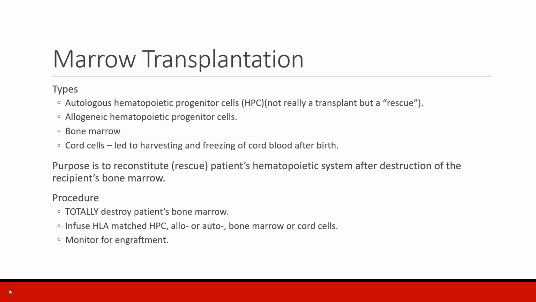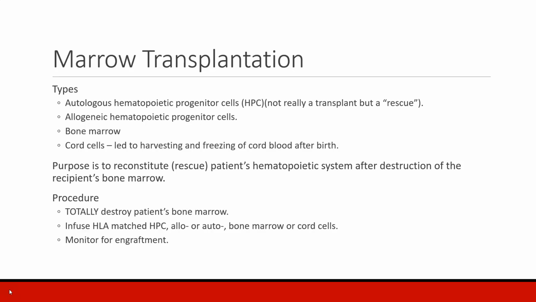Allogeneic hematopoietic progenitor cells, so we'll find somebody who is HLA compatible and harvest their progenitor cells. And this is done by giving them medications that cause increased release of these progenitor cells from the bone marrow, and they take the blood out just like a regular donor, and it has special filters to filter out the progenitor cells.